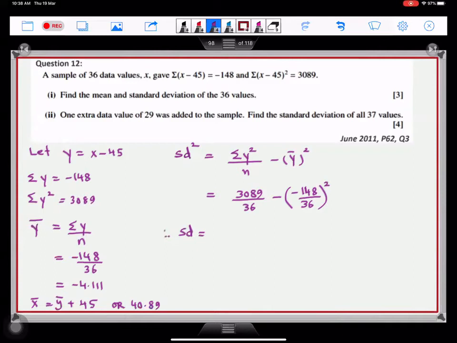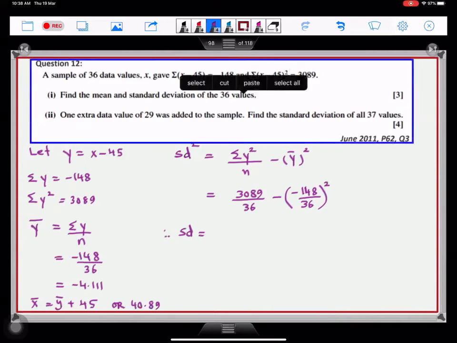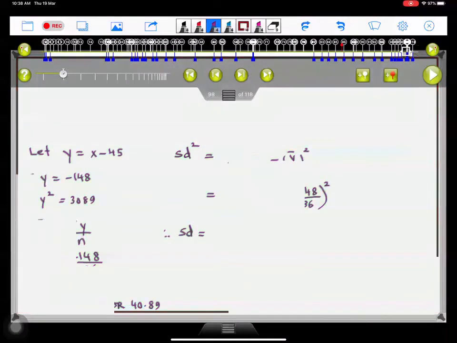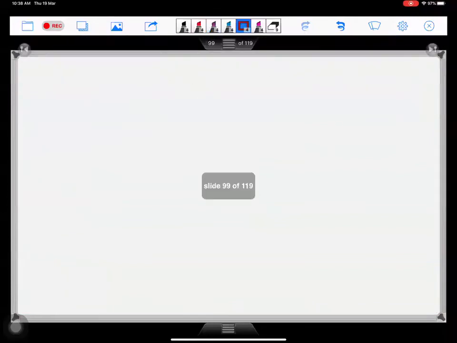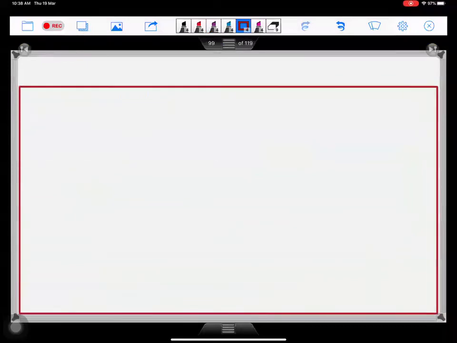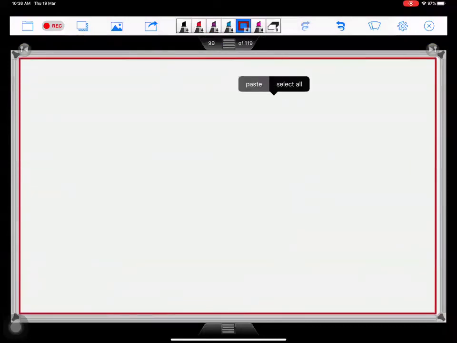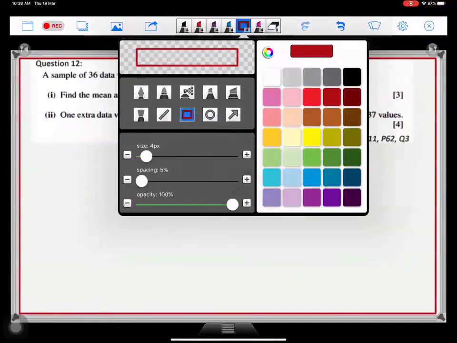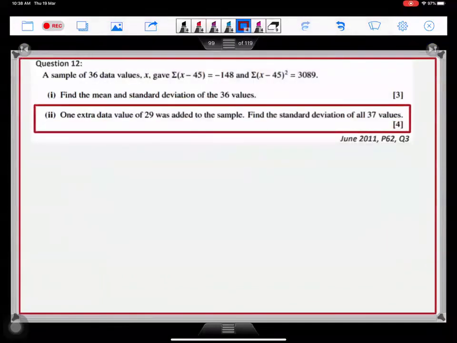Now, one extra value of 29 was added to the sample. So when one extra value of 29 was added, what is happening? I should work in the original variable.